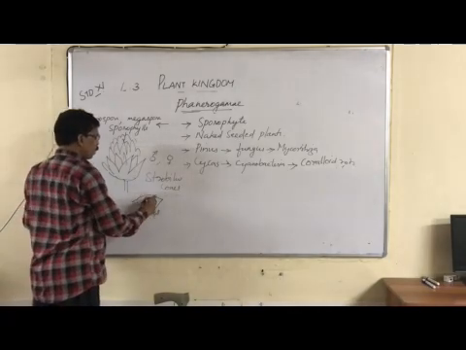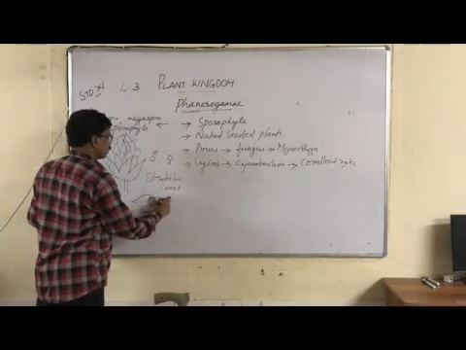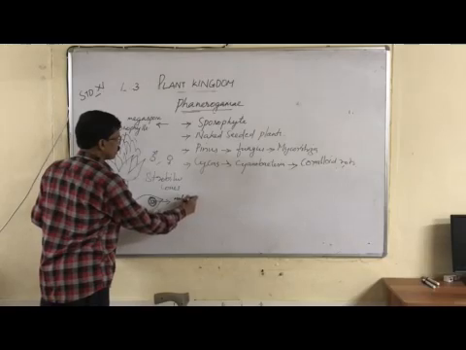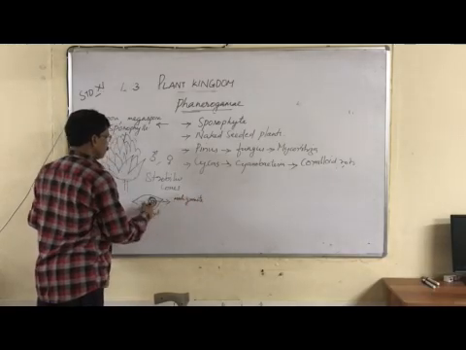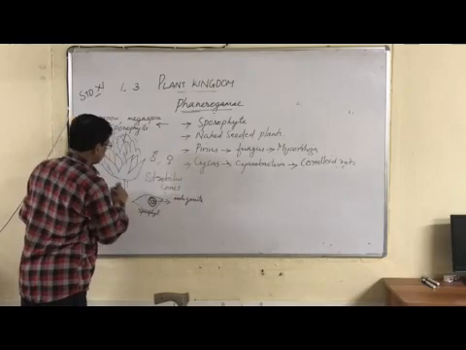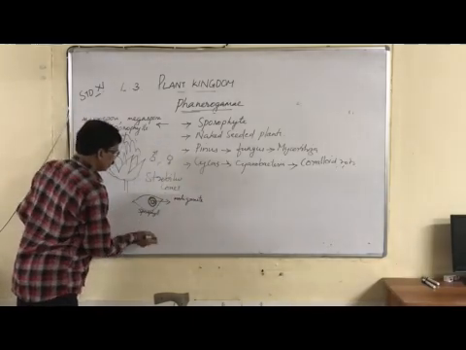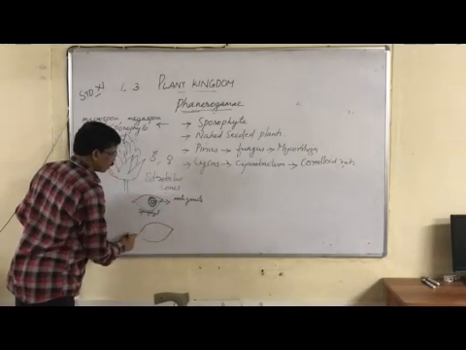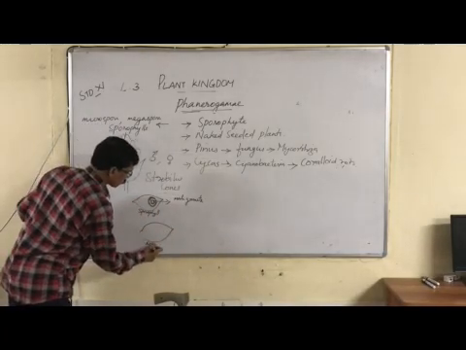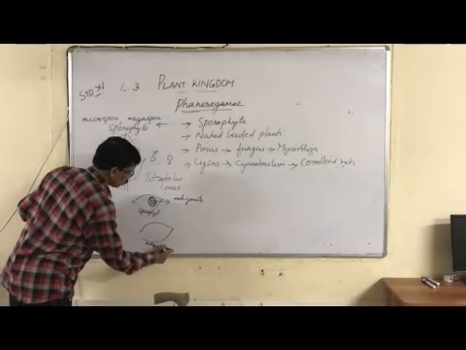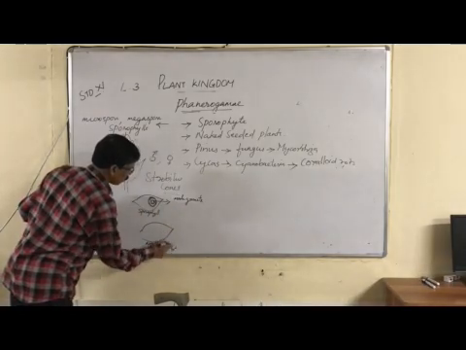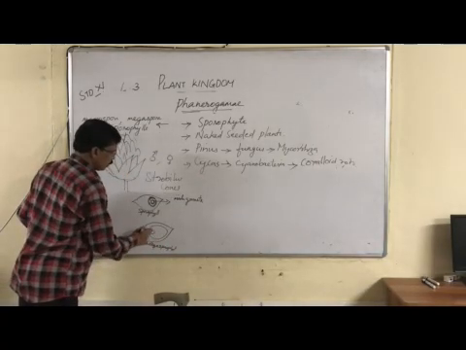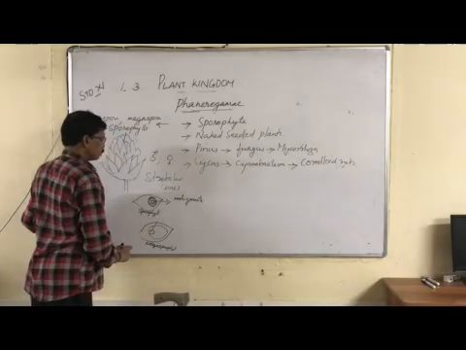Inside the pollen grain, we can see the male gamete. And the female gamete is formed inside the ovule, which is found in the megasporophyll. The ovule contains the egg, which is called the female gamete.